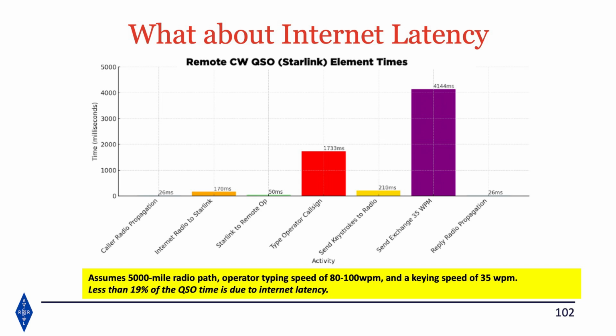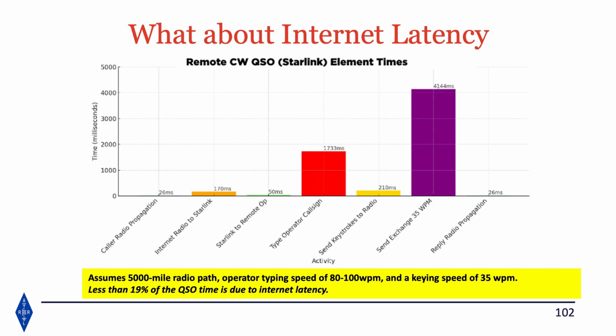The first little piece there is the caller radio propagation. It takes 26 milliseconds over the air, the speed of light over this path. Then the internet radio to Starlink, from George's yacht up to Starlink, 170 milliseconds. Starlink to the remote op, if you have a good connection in North America, can be as low as 50 milliseconds.